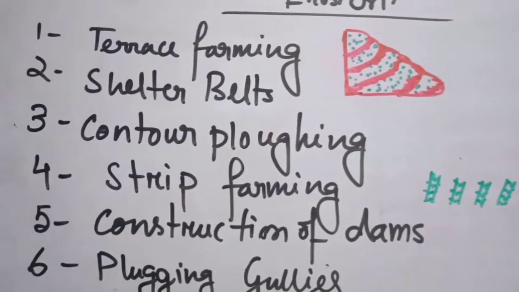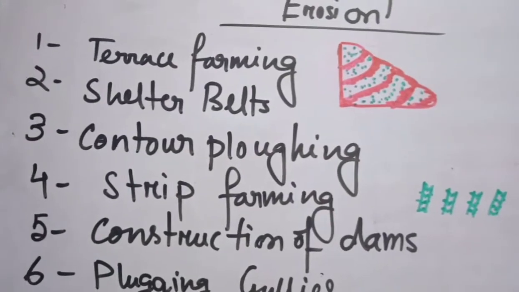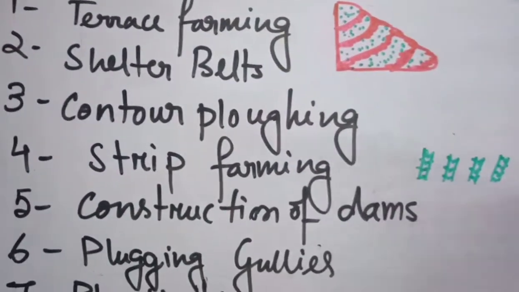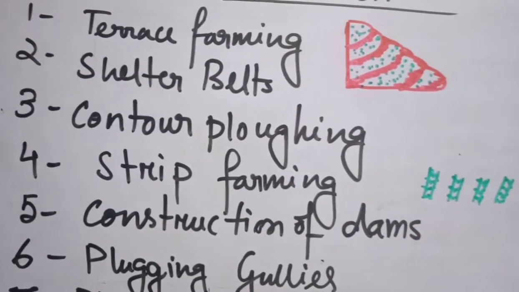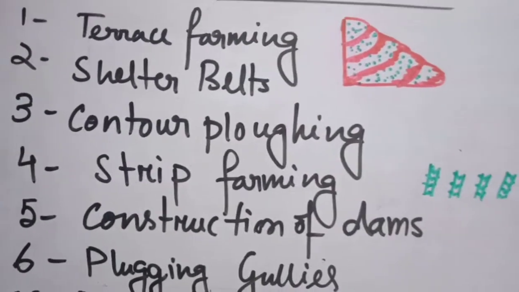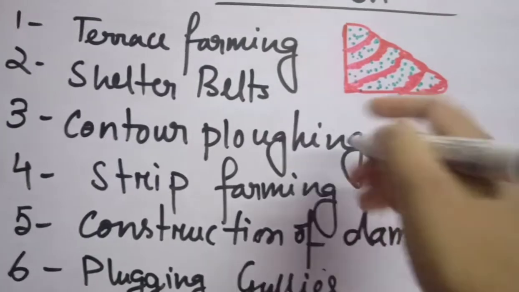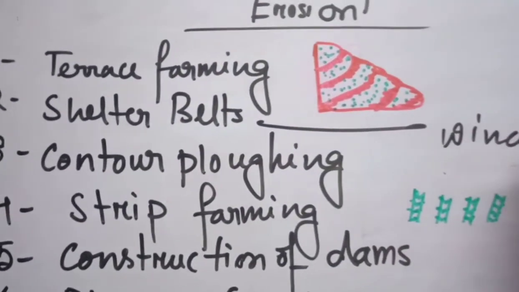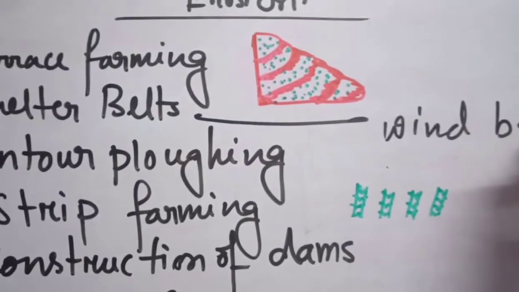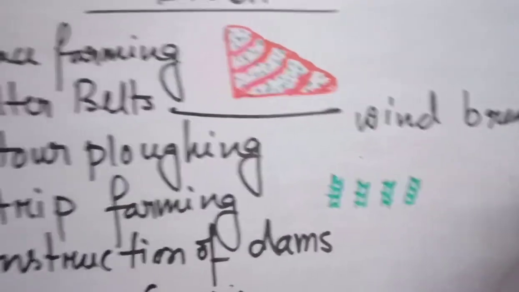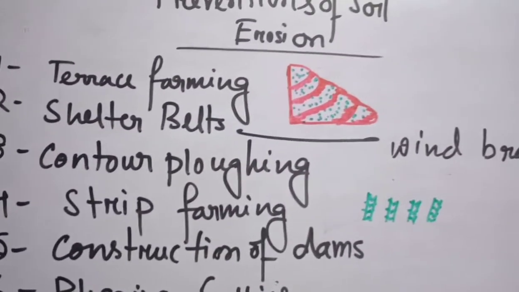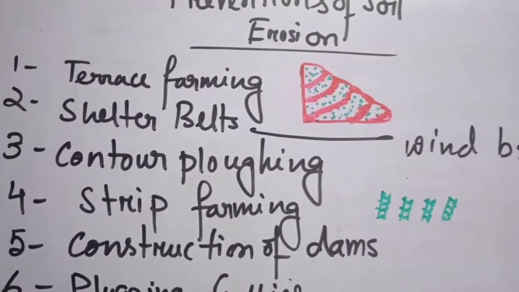So through these shelter belts we are preventing soil erosion by wind. Shelter belts are also known as wind breaks. Why are they known as wind breaks? Because through these shelter belts we are preventing the work of the wind.